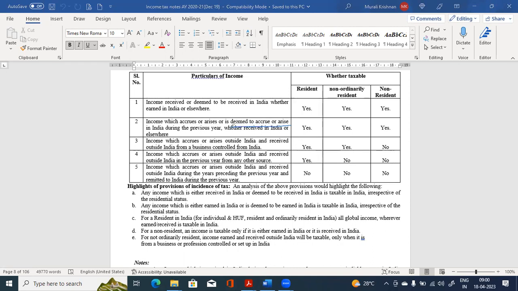We were looking at deemed, that is why chart 1. It will not get captured under that, because it's not deemed to accrue or arise in India. But the problem is the money is received by the non-resident in India. Then it will get taxed even for the non-resident. That's the problem, that is what they are trying to say. So you should not get the money here. Then it will get caught under this.